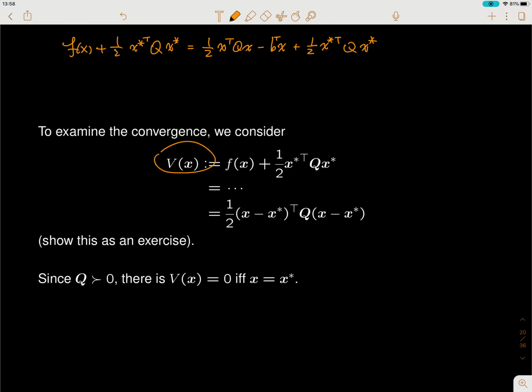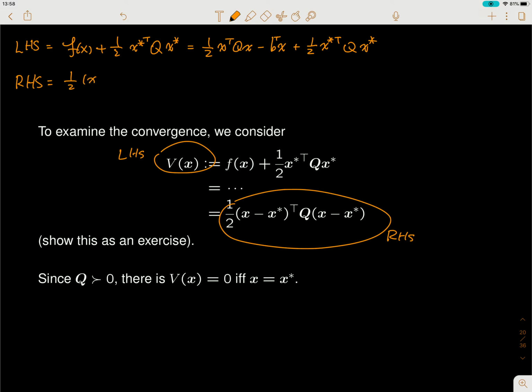Okay, and let me check. So this is my left hand side, and say this is my right hand side. My right hand side equals 1/2 of (x minus x star) transpose Q (x minus x star). So I need to break the product. You can see that I'm going to have 4 terms coming out of this.